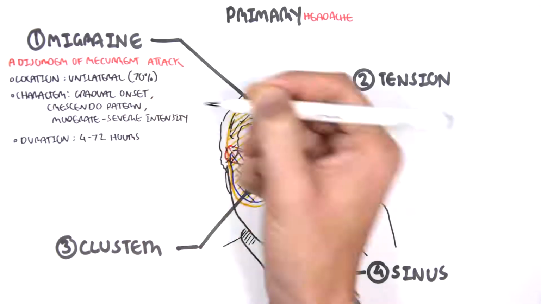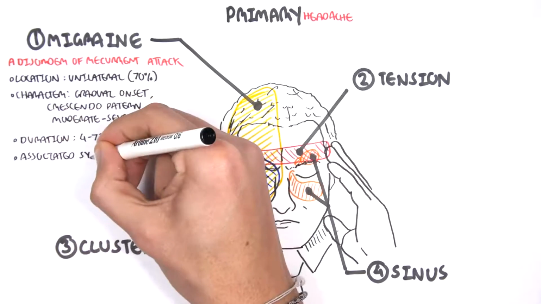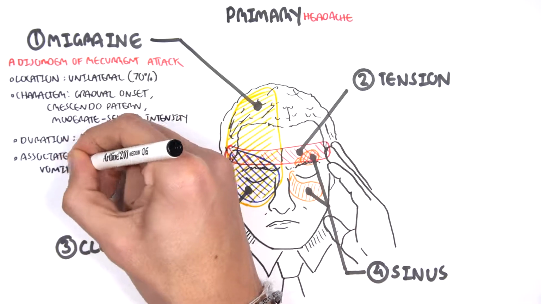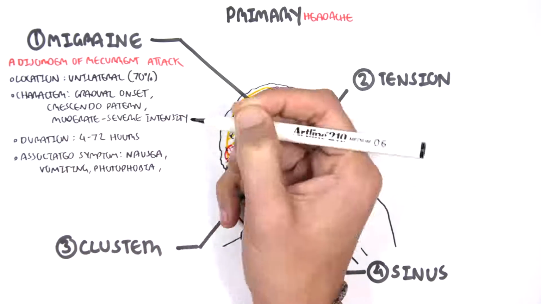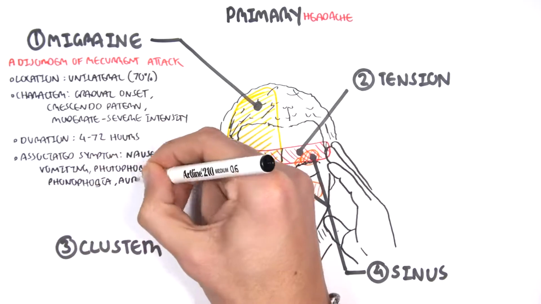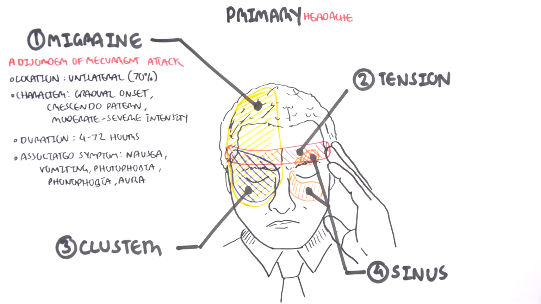Duration of the headache is between 4 to 72 hours roughly. Associated symptoms include nausea, vomiting, photophobia, phonophobia, and also aura. Aura is sort of the feeling of something about to happen, which is the intense headache.